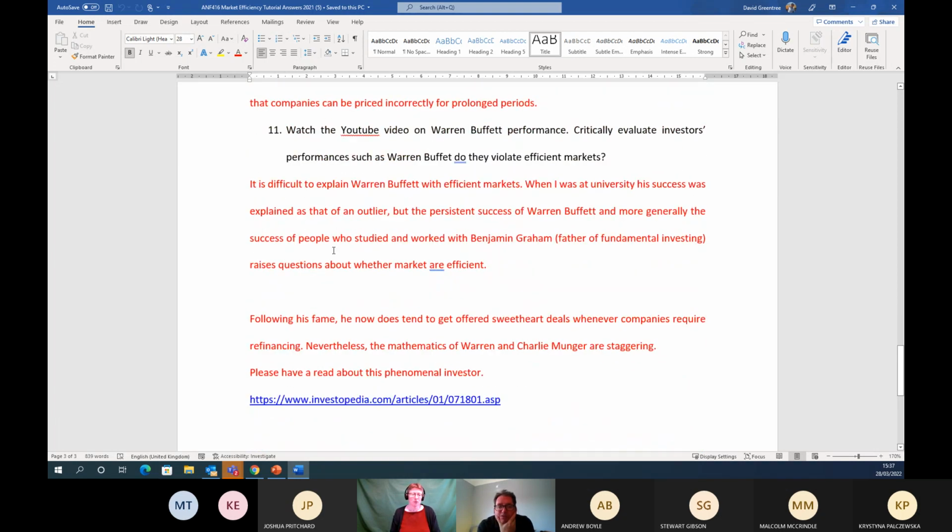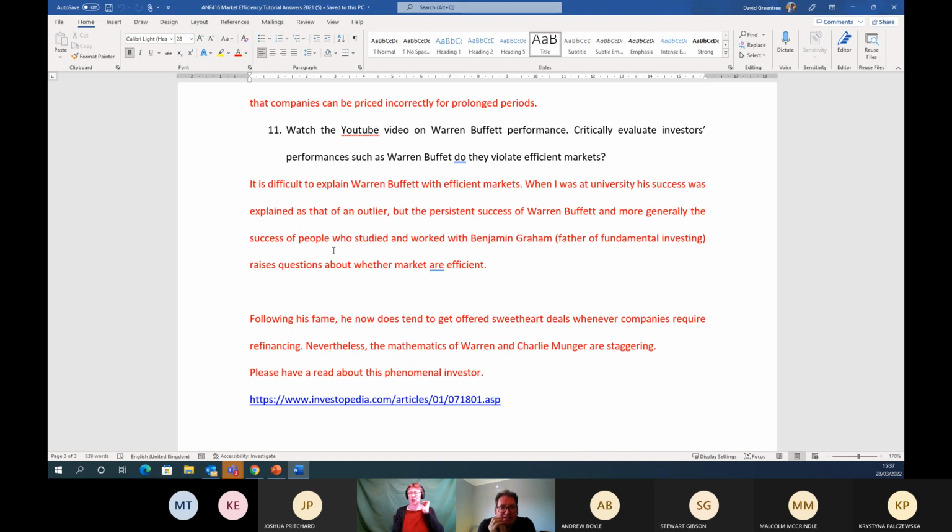And one of the key investors that always seems to outperform the market is Warren Buffett. And there's a video of Warren Buffett with Charlie Munger discussing the performance of Berkshire Hathaway, which is an investment company.